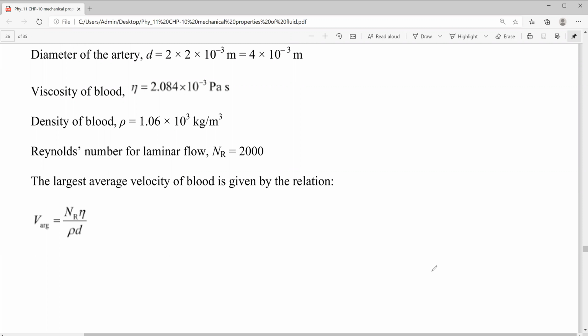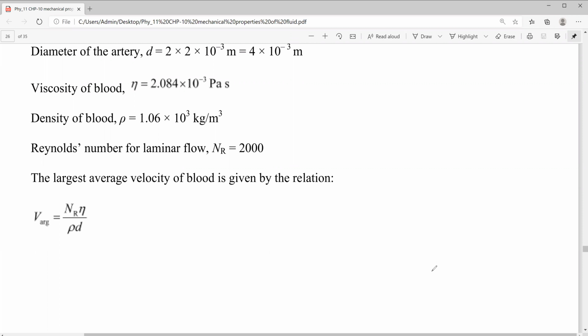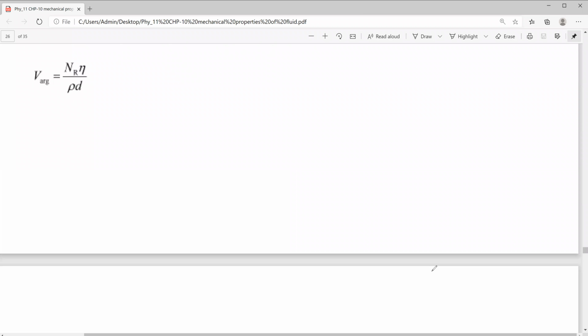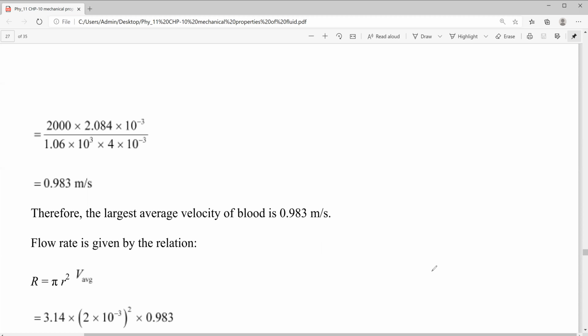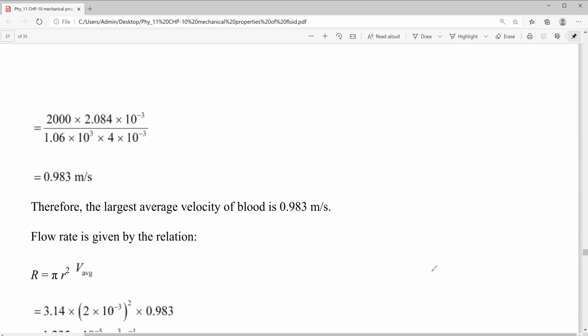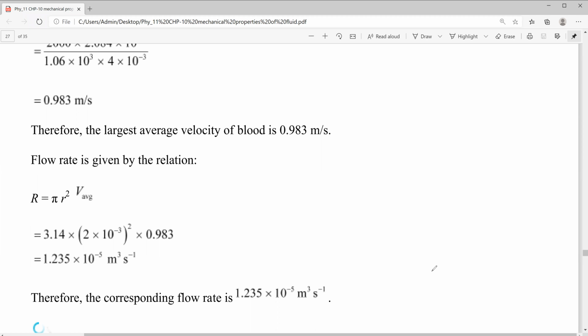Average velocity of blood is given by the formula average velocity is equal to NR eta divided by rho into D. After calculating with the same steps we followed before, we got 0.983 meter per second.